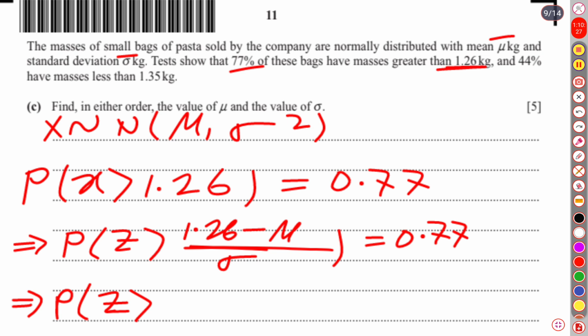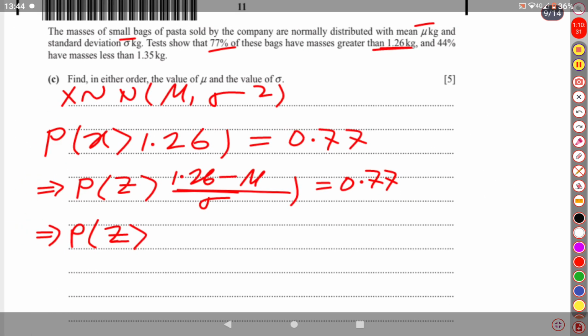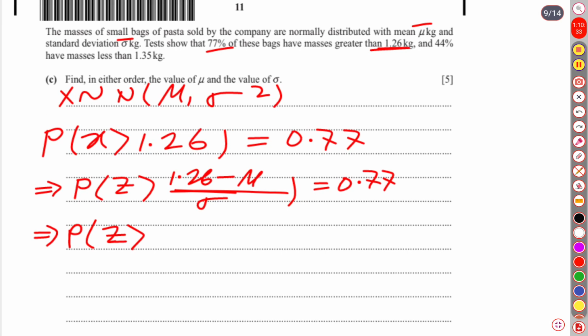If we draw a graph of the normal distribution of this scenario, we will see that our probability is more than 0.5.